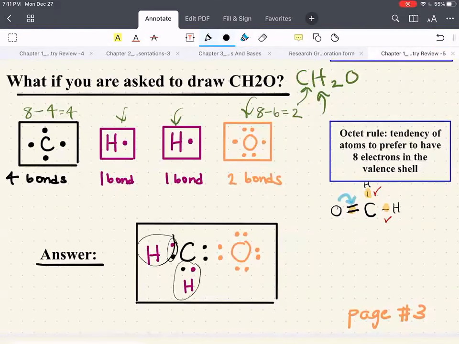So the carbon has 2 bonds around it right now, and if it forms this double bond with the oxygen, now it has all 4 bonds satisfied. Fantastic. And the oxygen has its 2 bonds and is satisfied. All the atoms' bonding preferences are now satisfied.